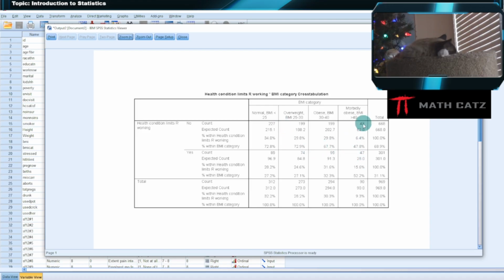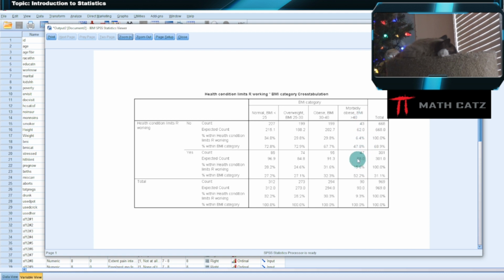Well, it seems to definitely be in this last column more than any other, where if I look at the morbidly obese column and the people that said yes to having health conditions, I expect only 28 if these two variables and these two factors were independent, but I got 47 instead.